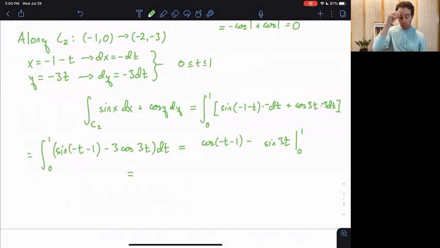Okay, let's put in the 1 first. Cosine of negative 1 minus 1 is cosine of negative 2. But you and I both know that that's the same as cosine of 2. So cosine of 2, and then minus sine of 3.